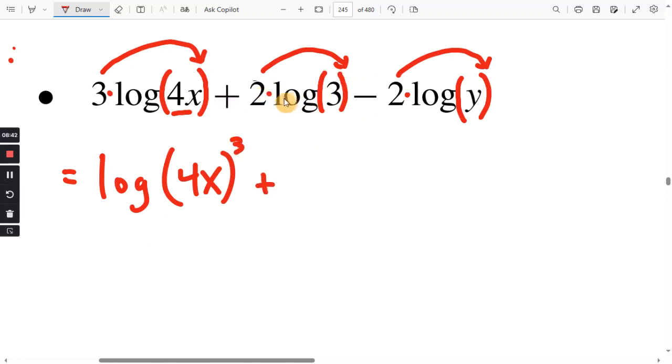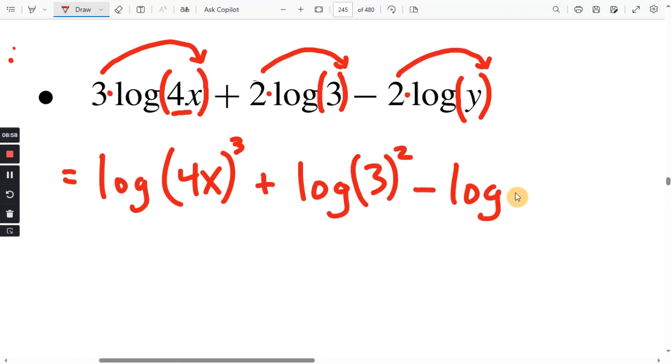The 2 is the exponent, that's going to be log of 3 to the second power. All right, you can use parentheses, but in this case you don't even need it because it's just 3 squared. Minus log of y, and that y has an exponent of 2. All right, really, I didn't need the parentheses there either.